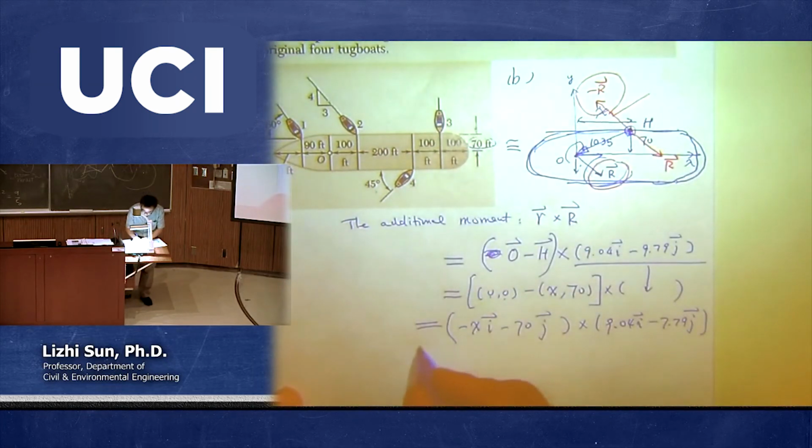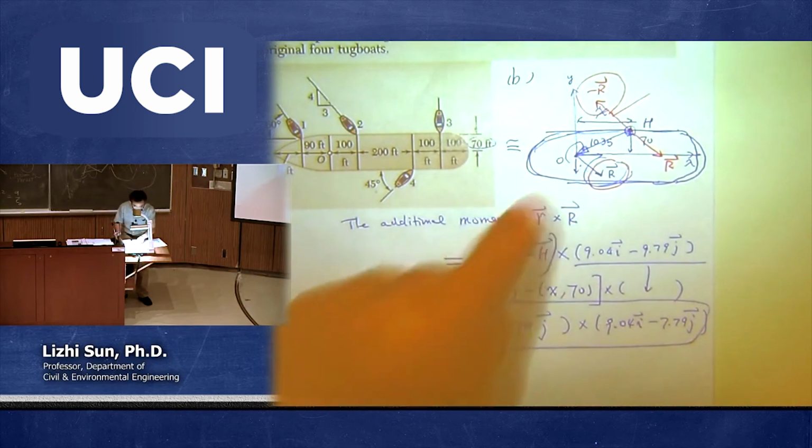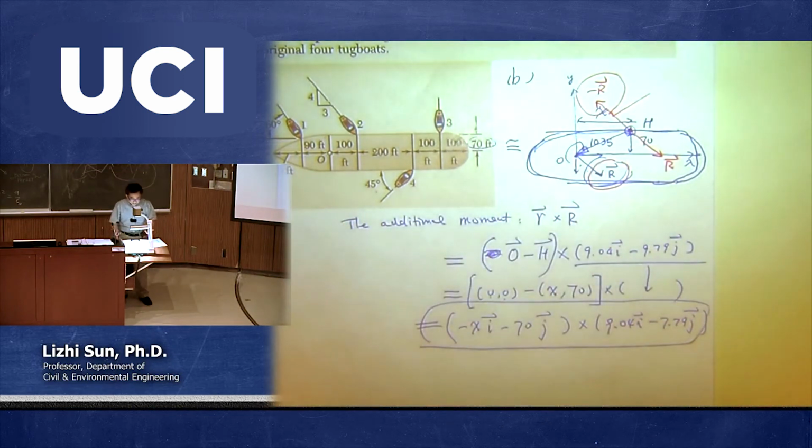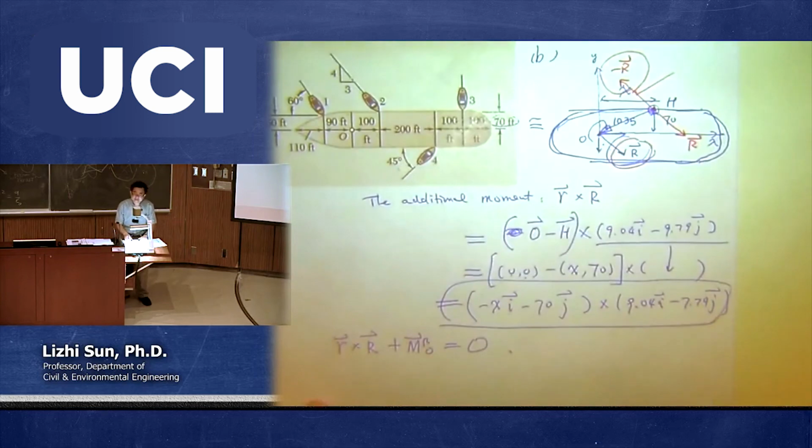And I want this one to be canceled with this existing one. So how am I going to do that? Well, we add them together, and this set equals 0. So this additional moment, R cross this, plus that resultant moment at point O, needs to be equal to 0.